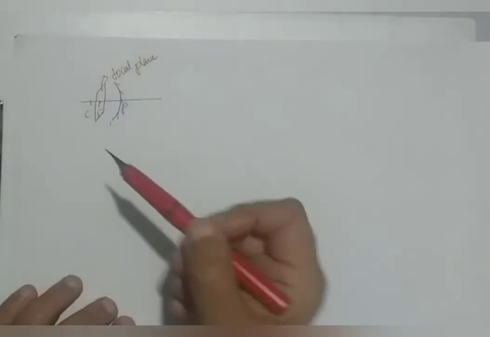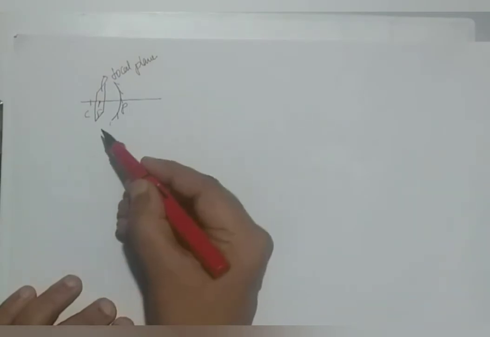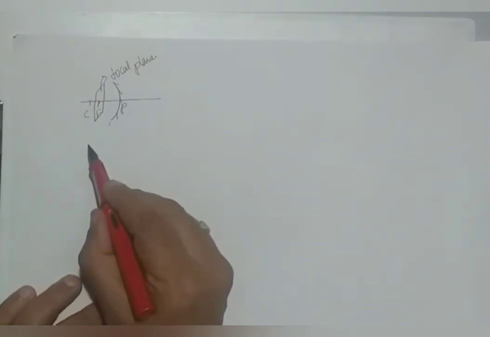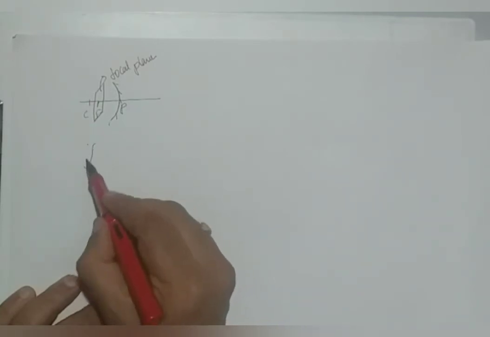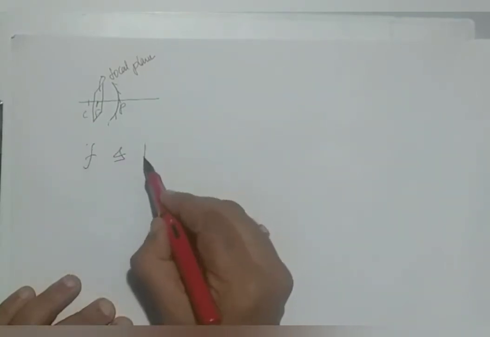So these two are the definitions we just learned. Now we proceed to the derivation, that is, the relation between f, the focal length, and the radius of curvature.